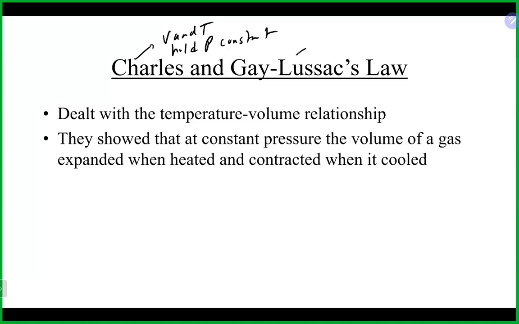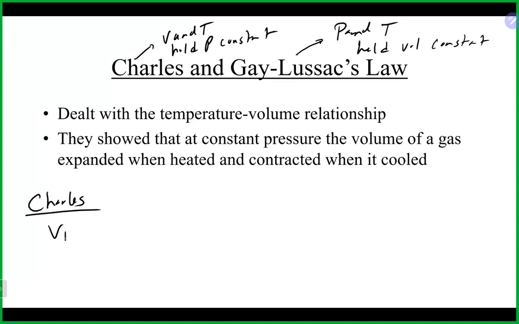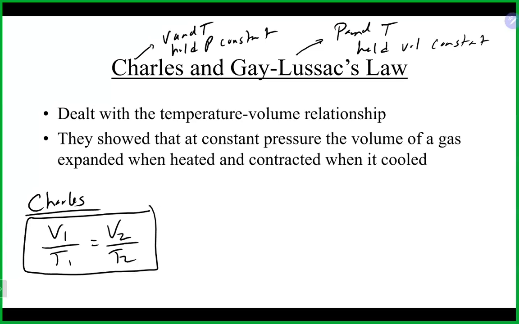And Gay-Lussac's law dealt with pressure and temperature and held volume constant. So when we look at these relationships, we can figure out what might happen here. If we look at Charles' law, that's going to be V1 over T1 equals V2 over T2. And this, again, is at constant pressure.